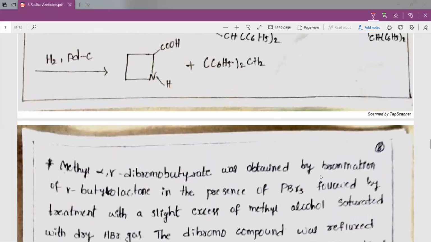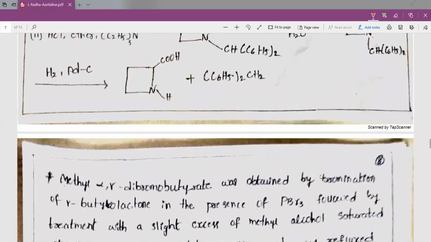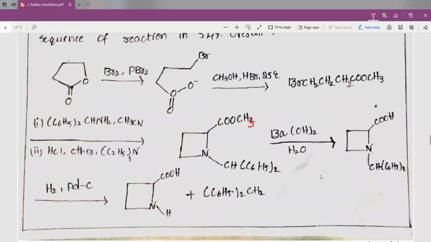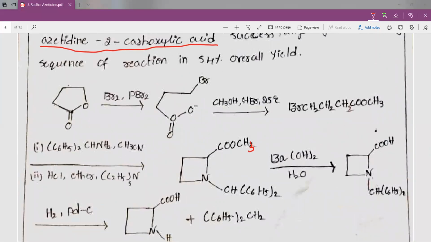So gamma lactone on treatment with PBr3, followed by treatment with methanol, gives methyl gamma-bromobutyrate, which then reacts with diphenylmethylamine to form an azetidine derivative.